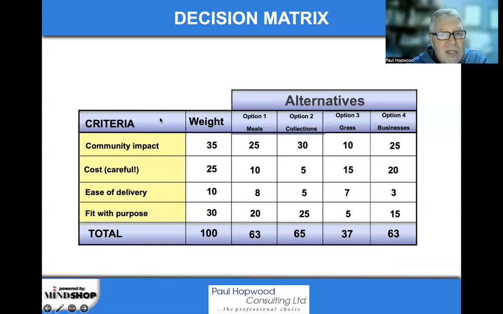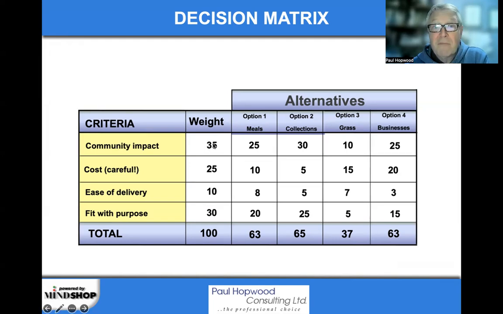And the next thing to do is to say, well, let's put some relative weightings to understand the importance of these relative criteria, because some will be more important than others. We're suggesting here that our total weighting is 100. So all we're doing is allocating 100 points, if you like, relatively to each of those 4. And rightly or wrongly, I suggested that if something's making a high community impact, that's really important.